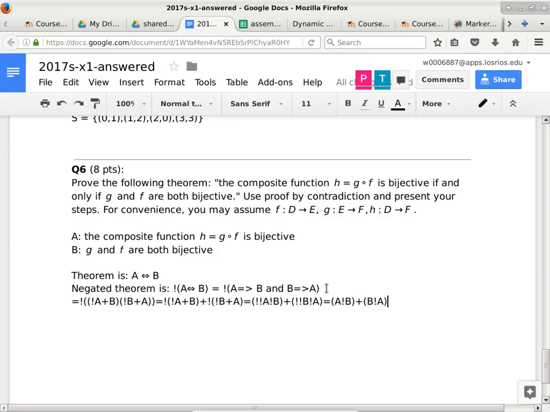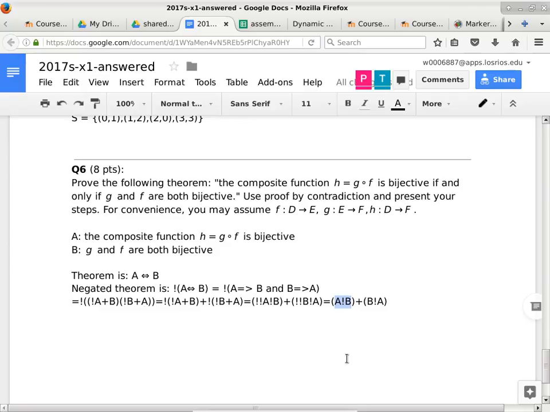That means you have two subcases to deal with in the actual proof. The first one, let me highlight which one I'm talking about here, is A and not B. Remember, A is just a placeholder for something that's a lot longer. So the highlighted part is really saying the composite function H is bijective, but G and F are not both bijective.